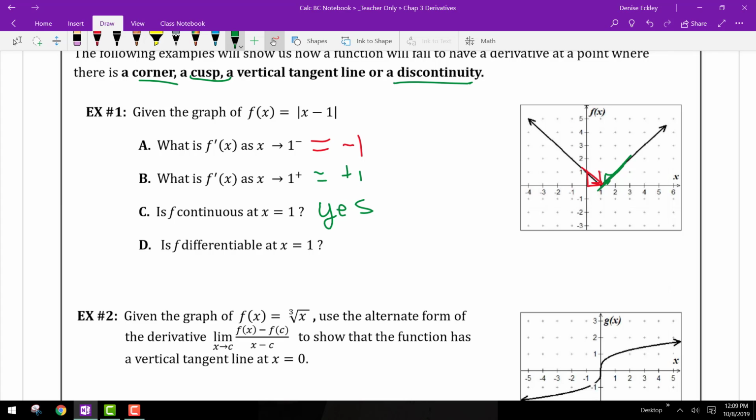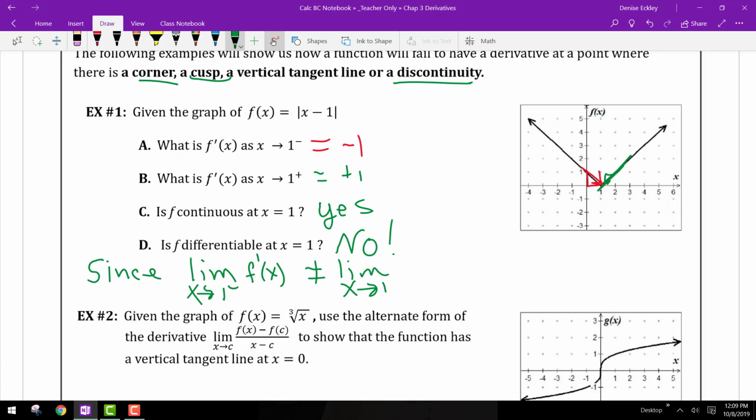And the answer to that is definitely no, because if we take the limit as x approaches 1 from the left of f prime of x, that is not going to be equal to the limit of the derivative as we approach from the right of f prime of x. So there is no derivative.